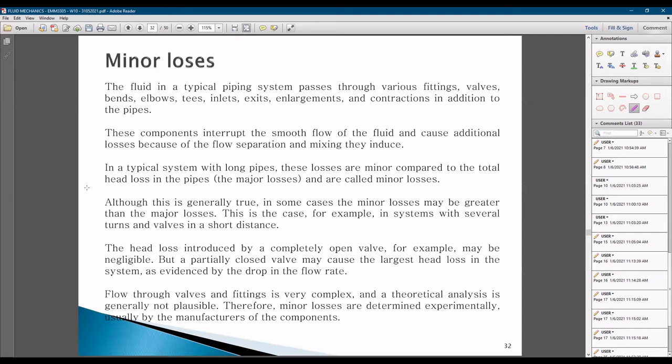The head loss introduced by a completely open valve, for example, may be negligible, but a partially closed valve may cause the largest head loss in the system, as evidenced by the drop in the flow rate. Flow through valves and fittings is very complex, and a theoretical analysis is generally not plausible. Therefore, minor losses are determined experimentally, usually by the manufacturers of the component.